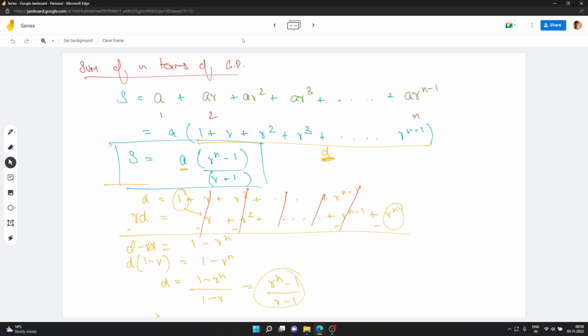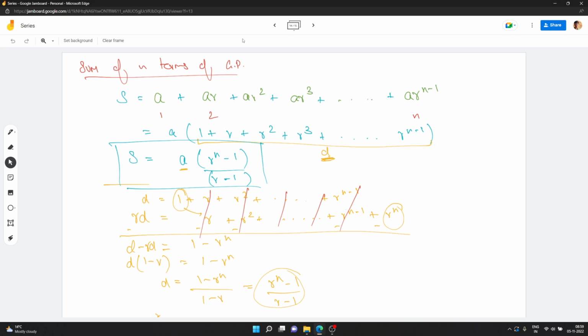So this is the sum of n terms. Let's try to use this. Let's try to see it in an example. Say we have the terms 3, 15, 75, and we have to find just the sum of these three terms. Are these terms in a GP? Yes, they are in a GP.